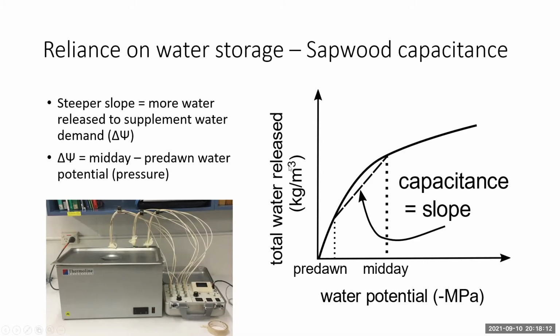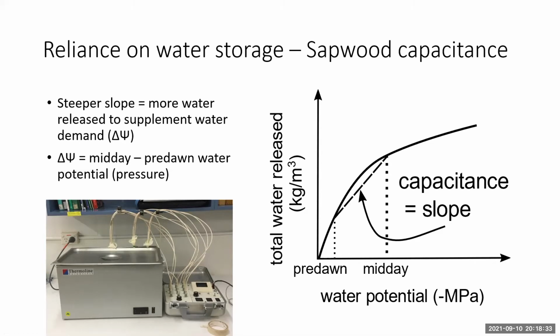And this lost water is coming from stored reserves within the stem. So this curve is telling me how much water the stem is losing as the water demand is rising. And the slope of this curve between these points is how I measure capacitance, which is the reliance on stored water.